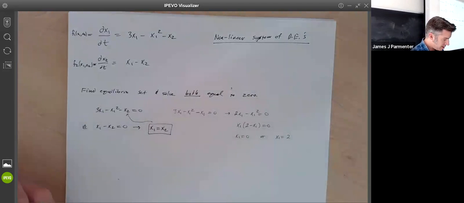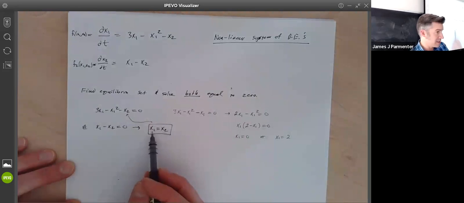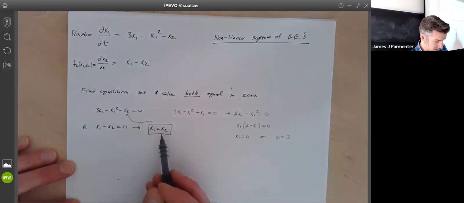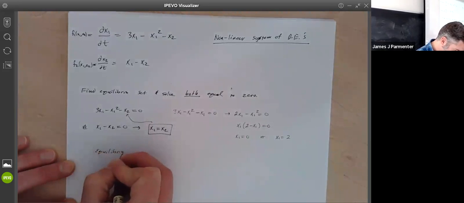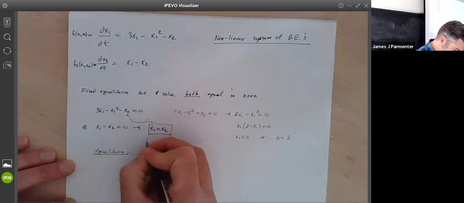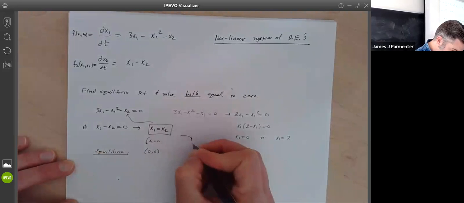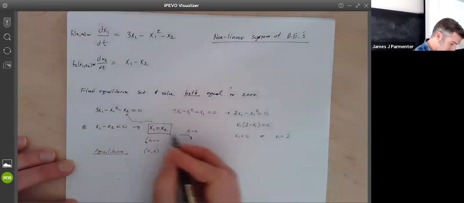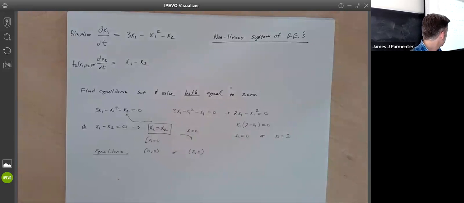Which means our equilibria are going to be, well, if x1 is 0, then x2 has to be 0 because x1 has to equal x2. So one of them is going to be the point 0, 0. We get that from when x1 equals 0. Or when x1 equals 2, x2 also has to be 2, and we get the equilibrium 2, 2. So these are our two equilibria for this nonlinear system of differential equations.